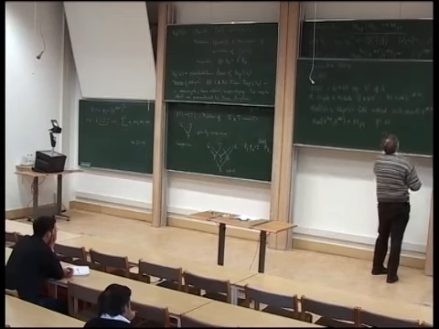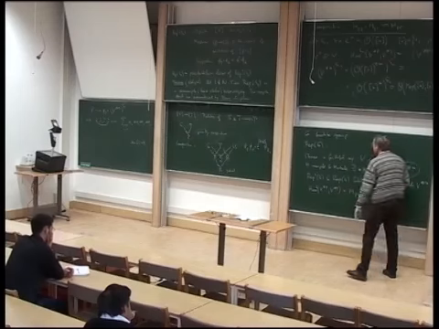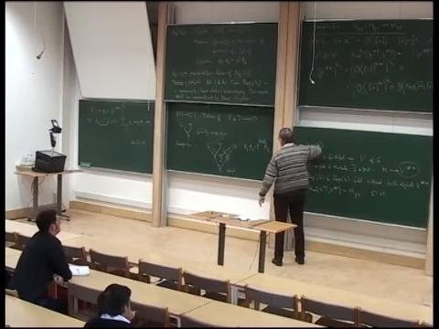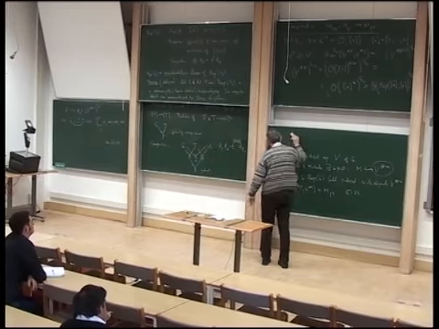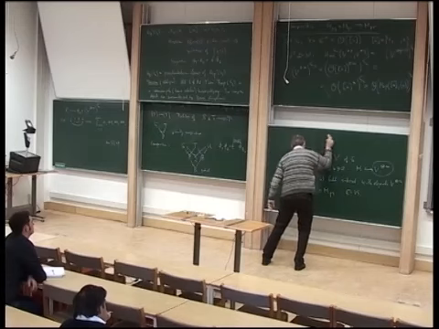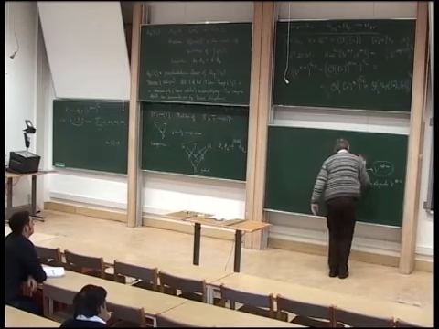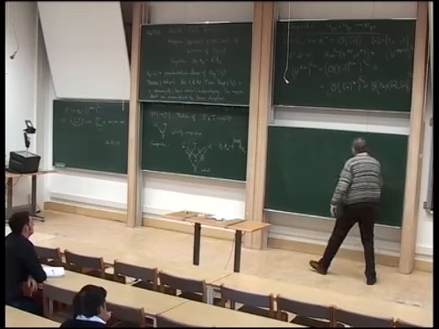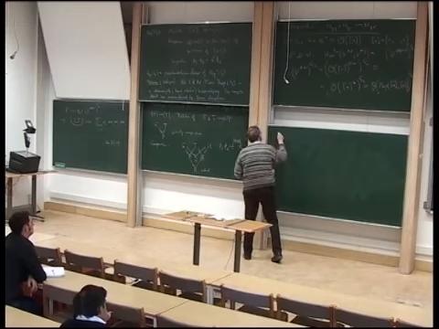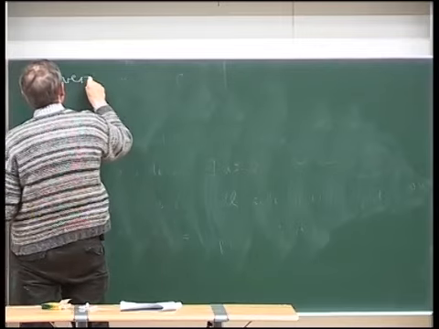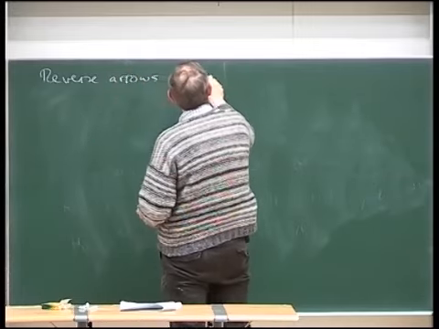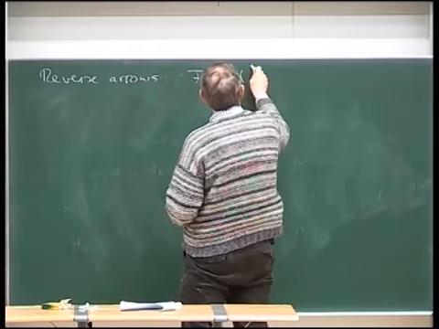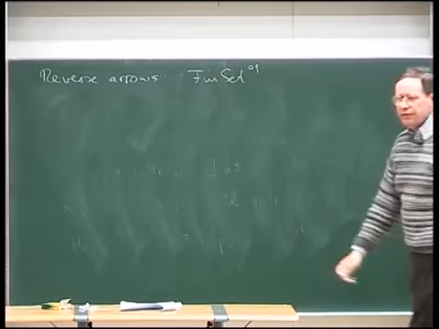Therefore, I think the only thing where I claim some originality is now to reverse all arrows. In other words, we are now working in the category which is opposite to the category of finite sets.